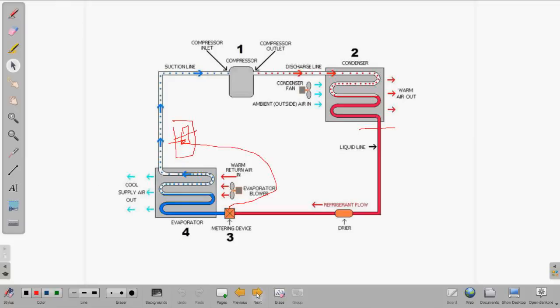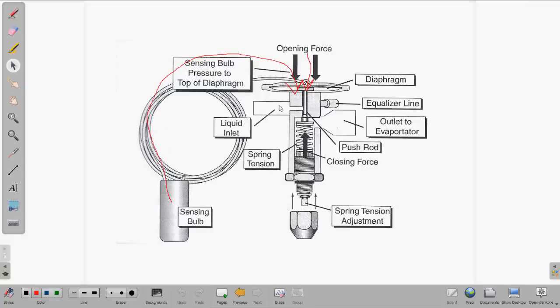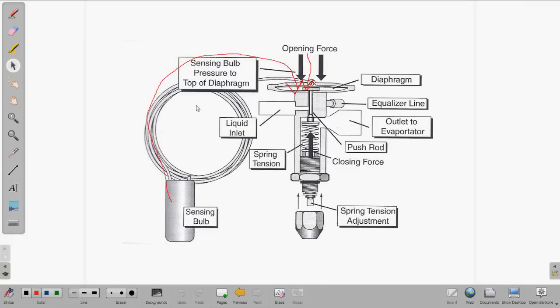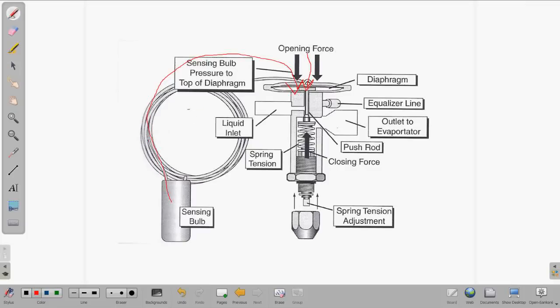Some of the TXVs, depending, will have a little screen right in front of it where the liquid line comes in to catch the bigger debris. But if you don't use nitrogen when you're brazing, that creates carbon, and that carbon gets caught in the TXV and plugs up either the screen, and if it doesn't have a screen, it can plug up the metering part, that little valve right there.